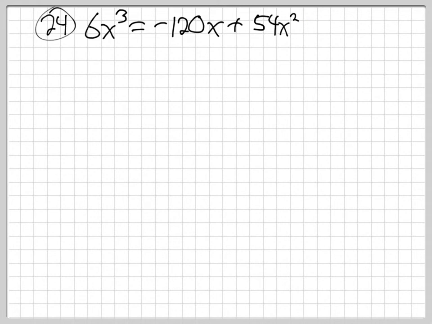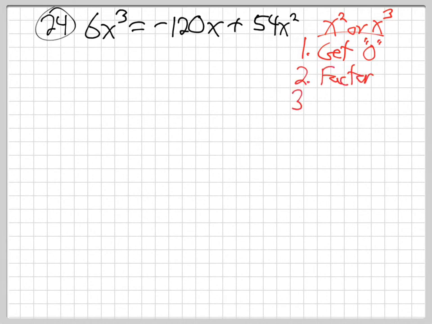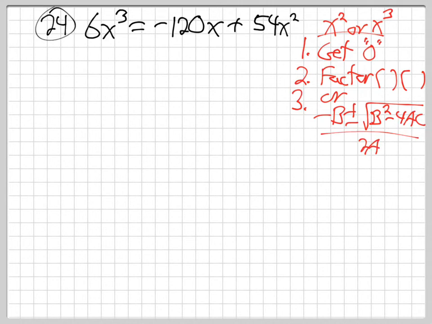So how do we solve these kind of problems? For x squared or x cubed, number one, get a 0 on one side. Number two, factor, like with the parentheses, or use the quadratic formula, negative b plus or minus the square root of b squared minus 4ac all over 2a.